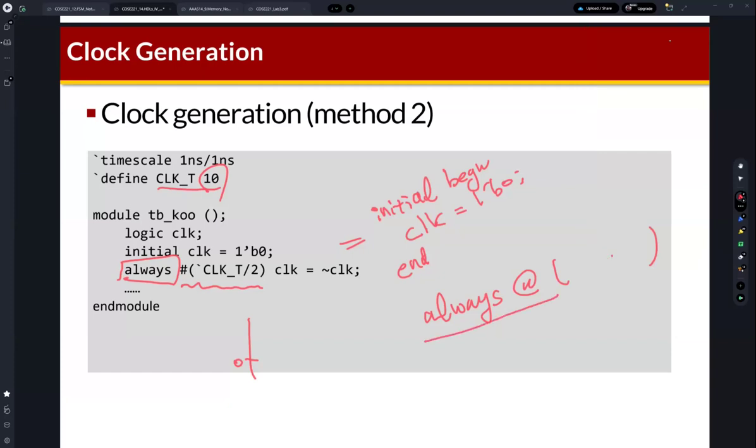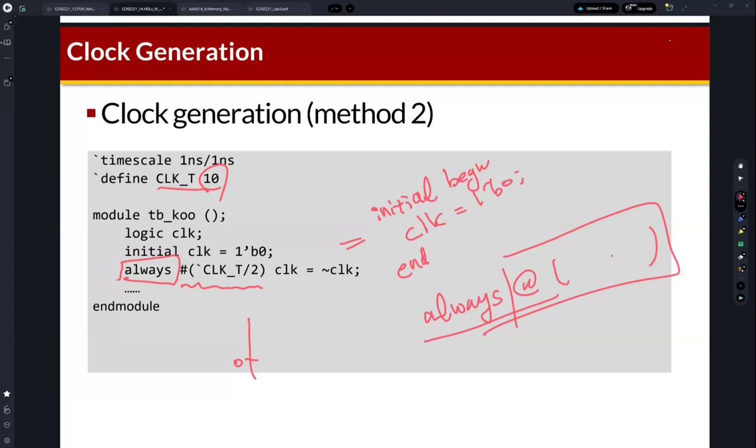So the meaning of always is that if this condition is true, then the always statement will be executed. So this is the meaning of the always statement.